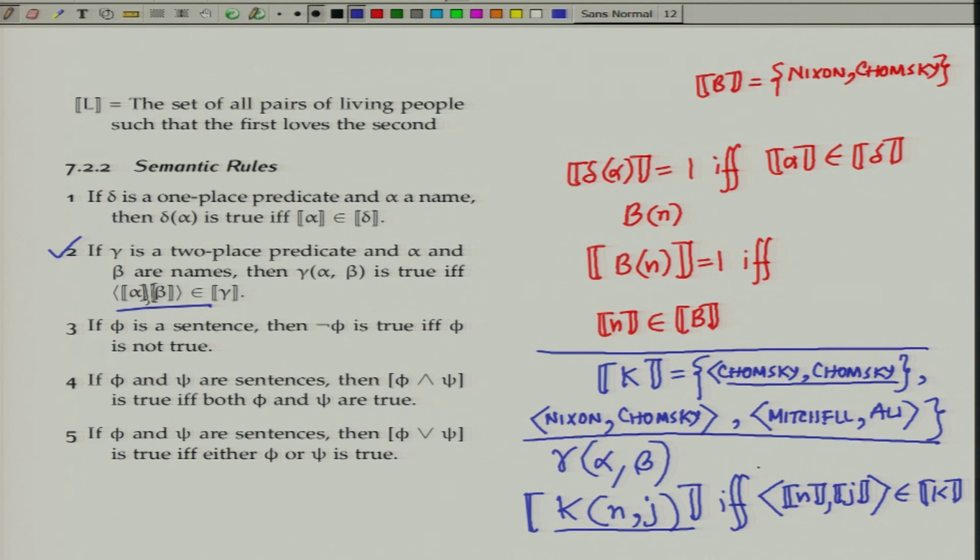Do we find it? No, we find Nixon Chomsky, not Nixon Michell. Because we do not find it, it is definitely 0.